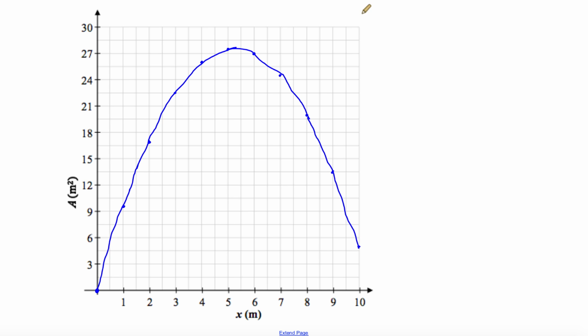Okay, so there's my curve as smooth as I can. Just see the top goes around like that.